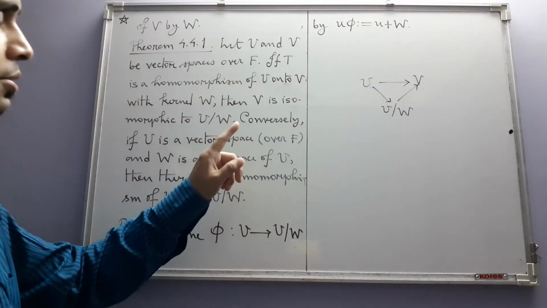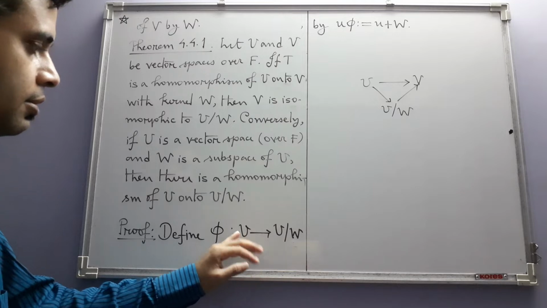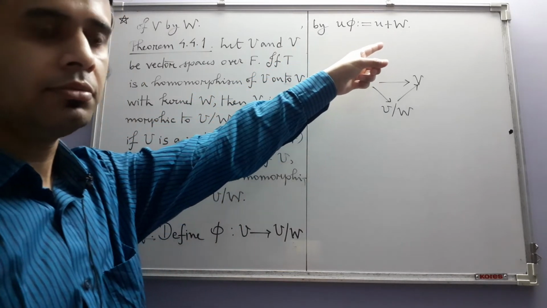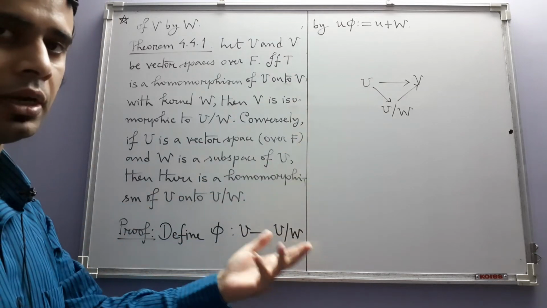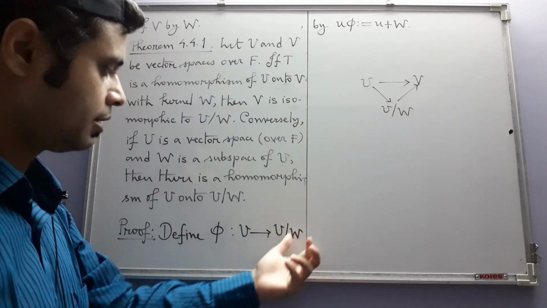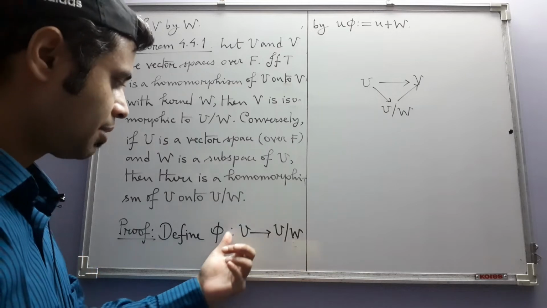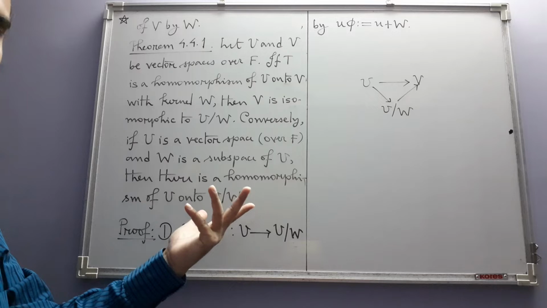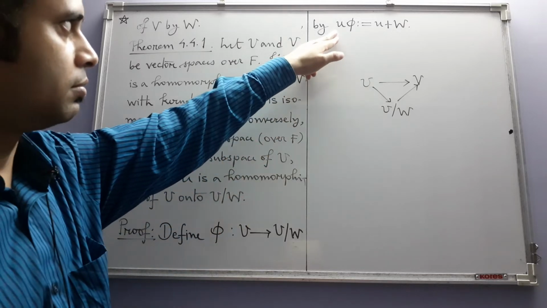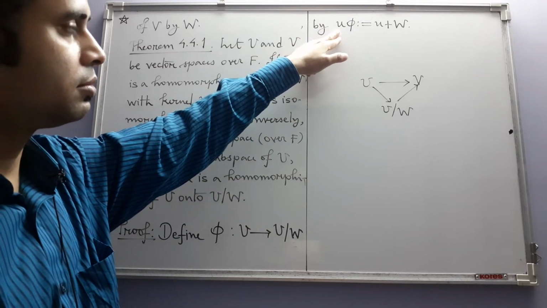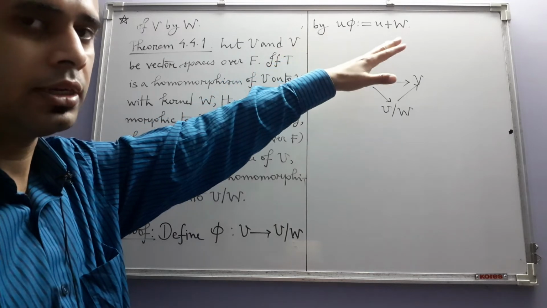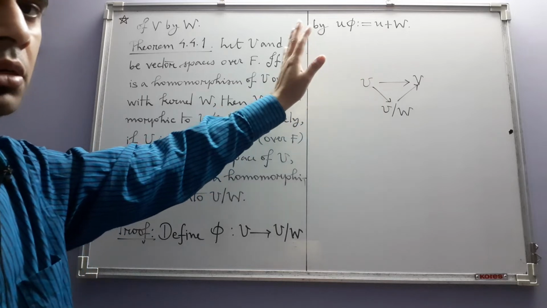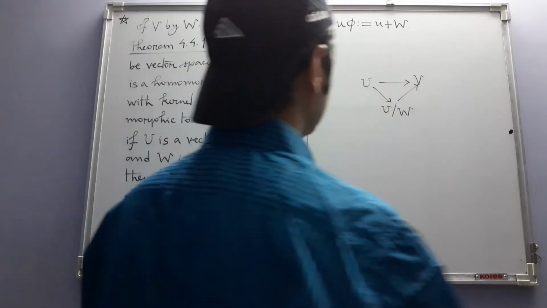So the vector small u from capital U is mapped onto the coset u plus W here. So we are in fact getting an element here. So it's a mapping from this to this set, and also clearly the mapping is well defined, because in the domain there is no coset involved, only the output values are cosets, the inputs are not cosets.